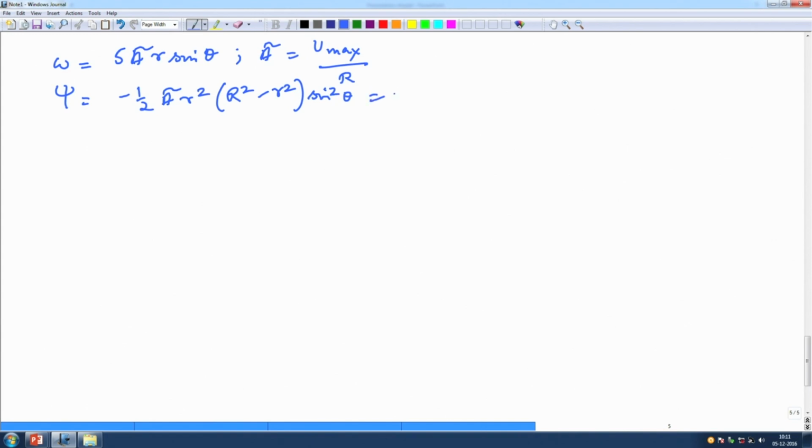This is equal to minus half a tilde square r square minus r tilde square plus z square. Now, this r tilde square is basically r square sin square theta. So, that is the stream function and the corresponding vorticity.